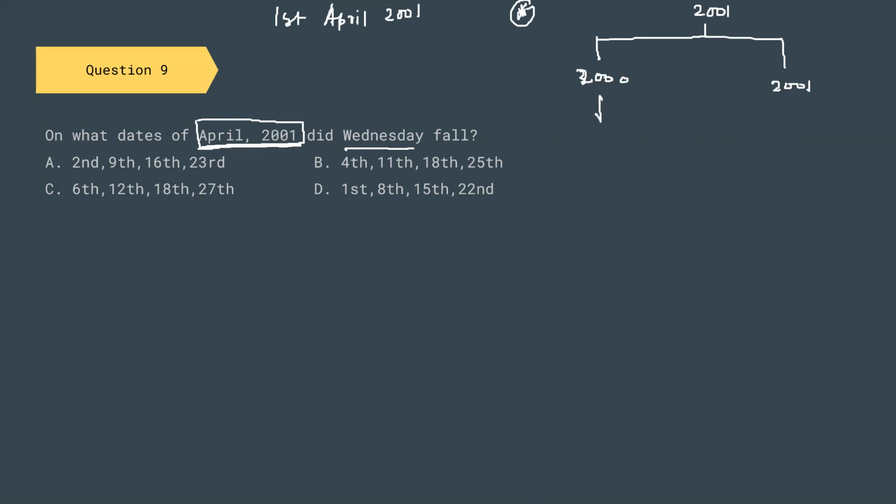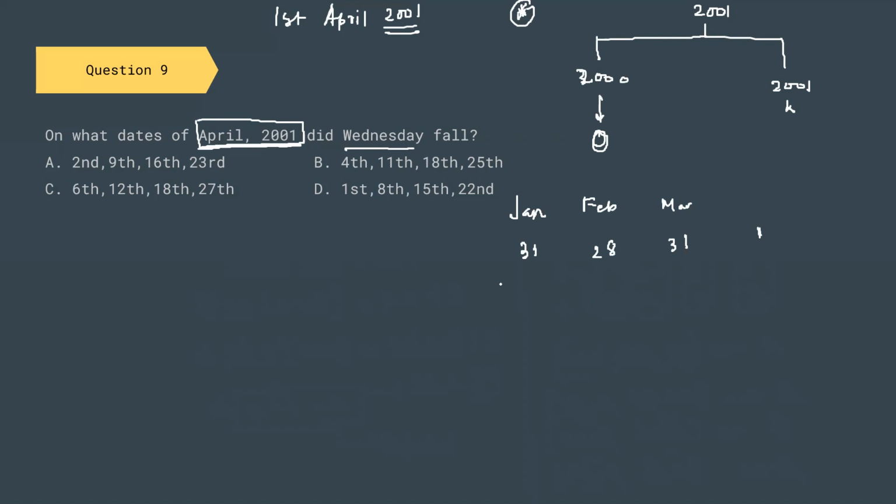So 2000 has 0 odd days, and 2001 is the year in question. So we have January with 31 days, February with 28 days, March with 31 days, and 1st April.